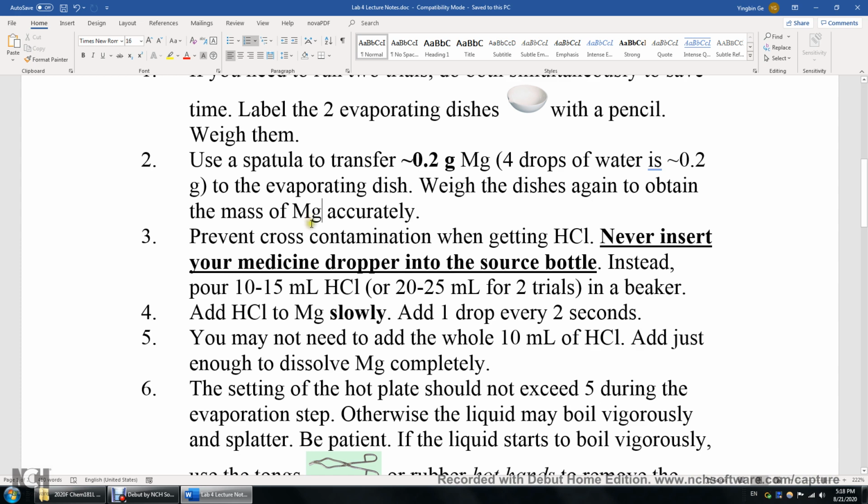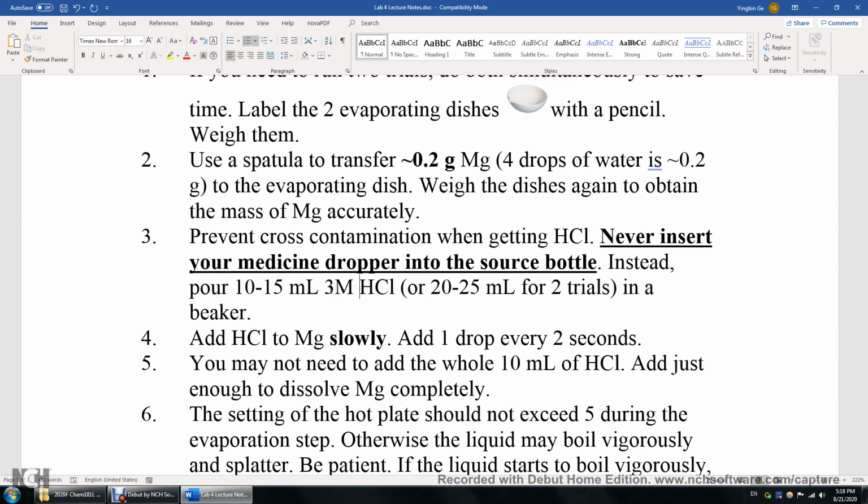Instead, if you are doing 1 trial, pour about 10 to 15 milliliters of this 3 molar HCl solution into a clean beaker. If you're running 2 trials, get roughly 20 to 25 milliliters. You do not have to measure the volume of the HCl solutions accurately. Just estimate.